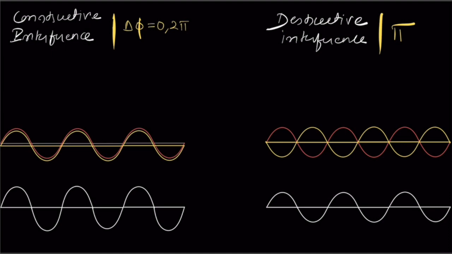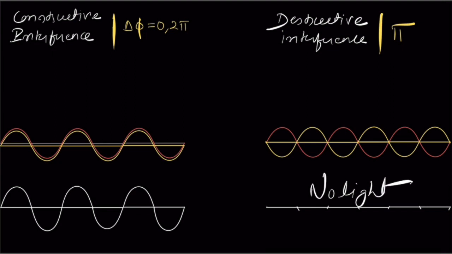So what will happen? Will you get light? No, they will cancel each other out completely. We will see a flat line, or in light terms we will not be able to see the light. We will see dark spots. So here no light is coming, completely dark. And on the left we will see the brightness.